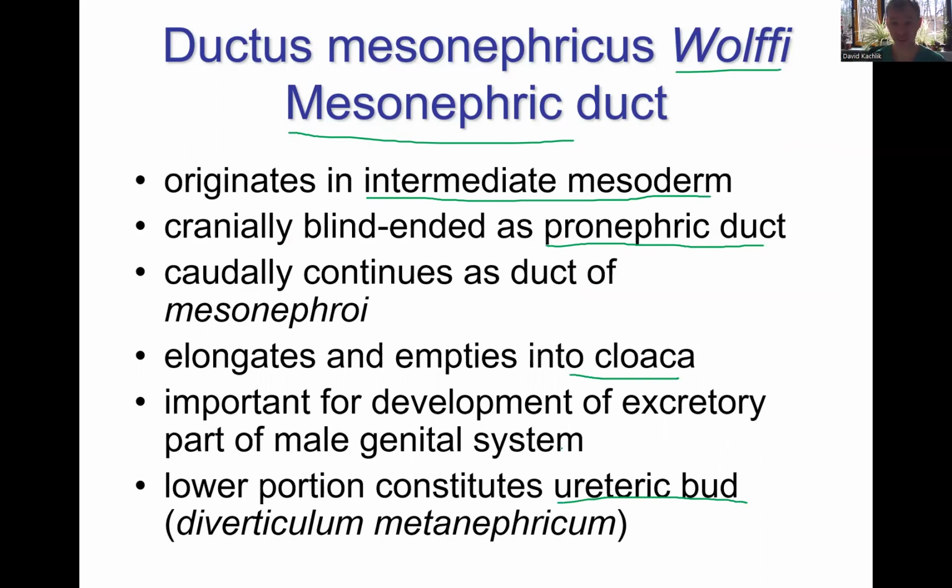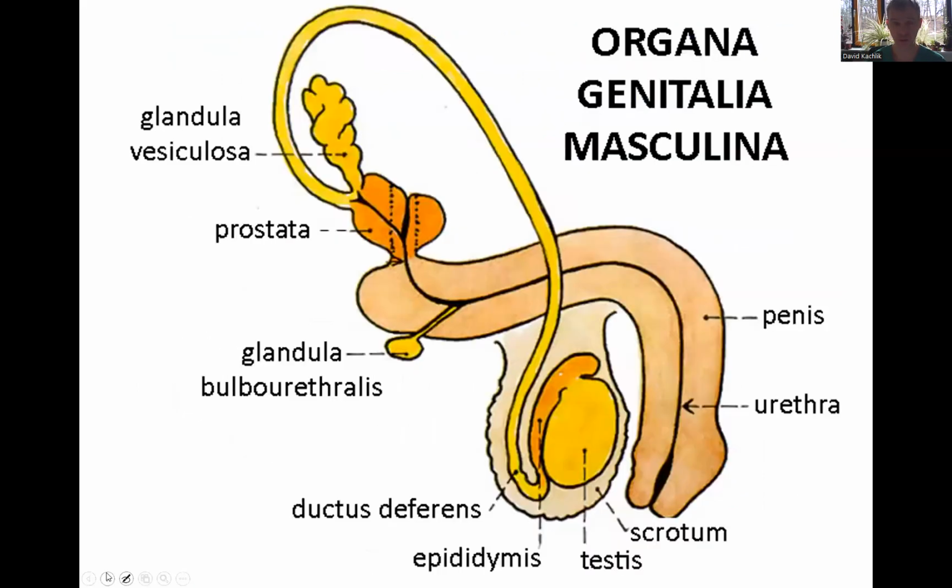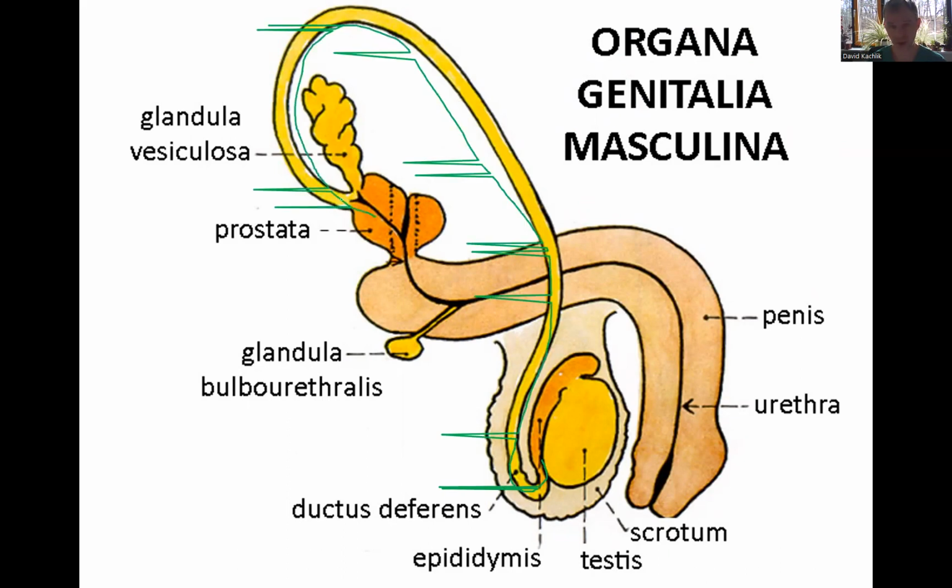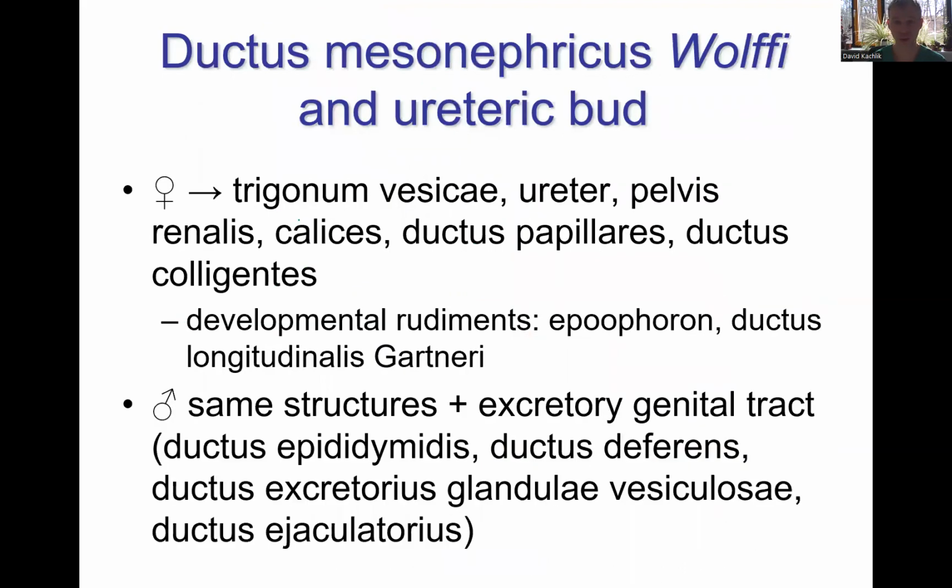And the Wolffian duct then produces the excretory part of the male genital system, so the deferent duct. You can see that it produces the deferent duct as far as the prostate, and its outpouching is also the vesicular gland or seminal gland. So the Wolffian duct produces a part of the urinary bladder, ureter, renal pelvis, major and minor calyces, papillary ducts, and collecting ducts.